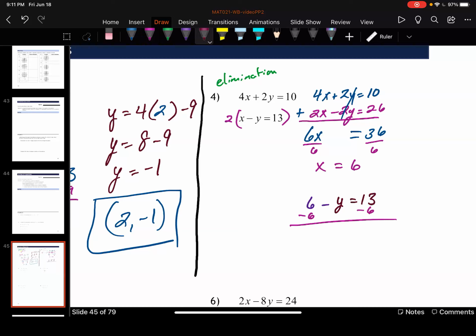Negative y will equal 7. Divide both sides by a negative 1 to get rid of the negative with the y value there. Y would equal negative 7. So our ordered pair for example 4, that would be our answer, is 6, negative 7.